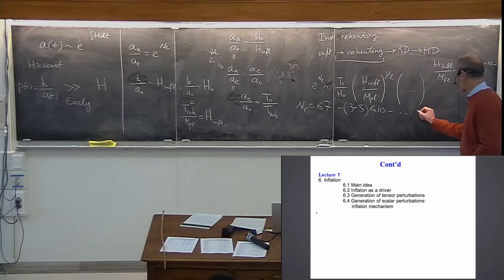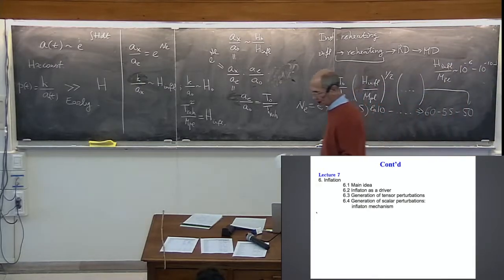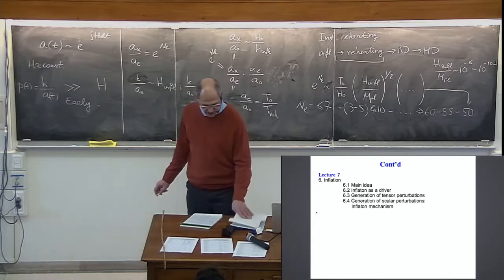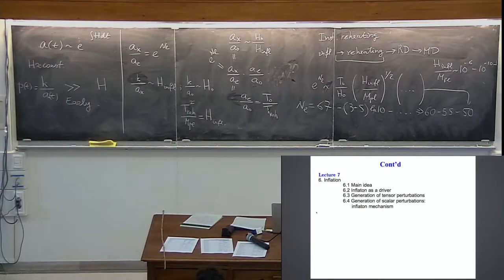So altogether you get something like 60 to 55, maybe to 50, depending on these dynamics. Okay, that's the origin of the 60 e-foldings people are talking about when they discuss the inflationary scenario.